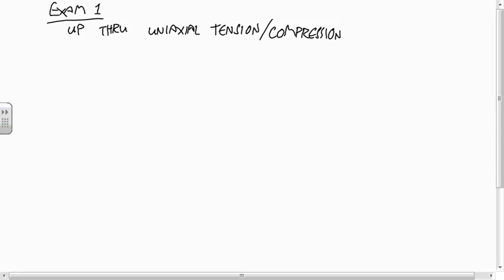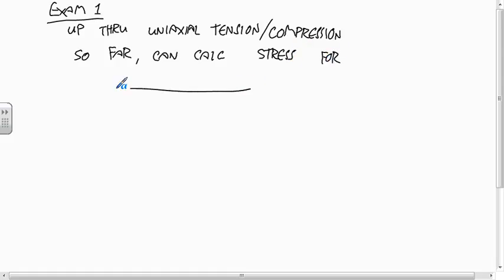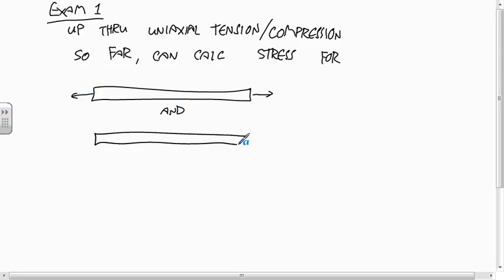Okay, so we talked about how we can calculate the stress for cases like this and cases like this, where it's in compression.